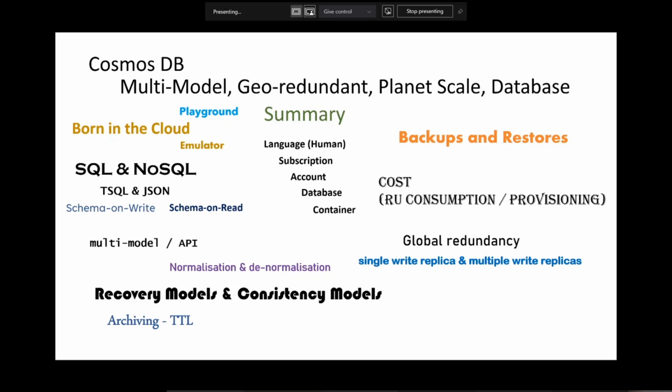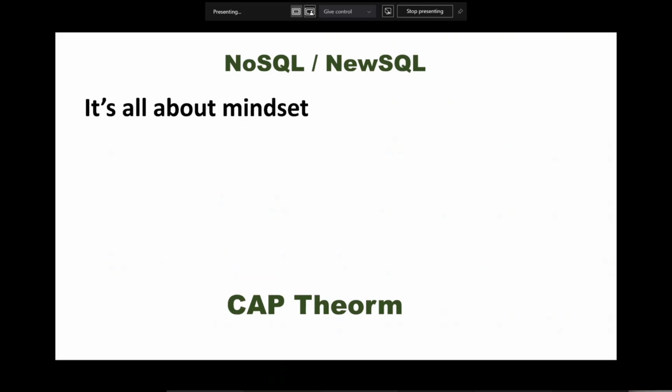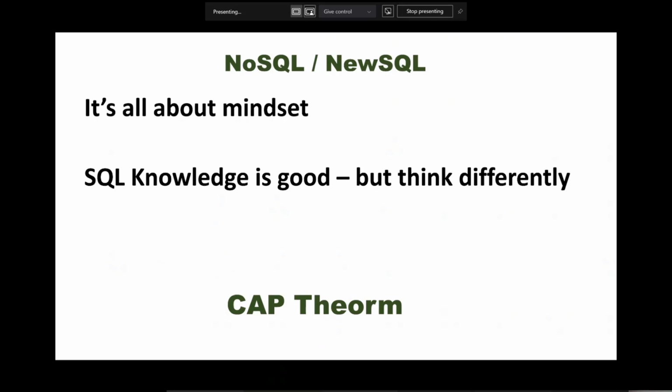Global redundancy, an interesting one, goes hand in hand with the recovery models, the consistency, and the multi-models that we're going to see very soon. And you might be thinking, with multiple databases around the world, what happens if we get a clash? Well, by default, last writer wins. That's a term we might hear in Cosmos quite a bit. So it's all about mindset.